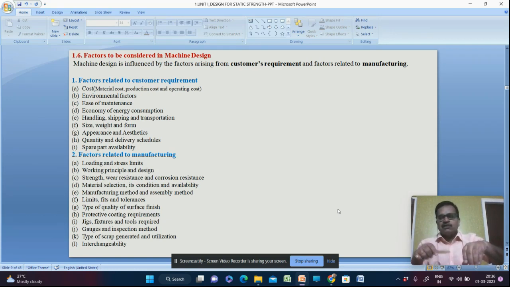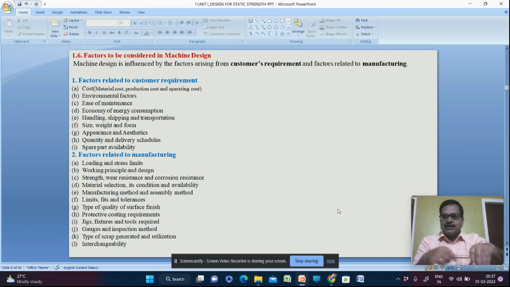So in that case what can happen? You need to enter the shaft when the minimum size of the shaft is 49.99, whereas the maximum size of the hole is 50.1.